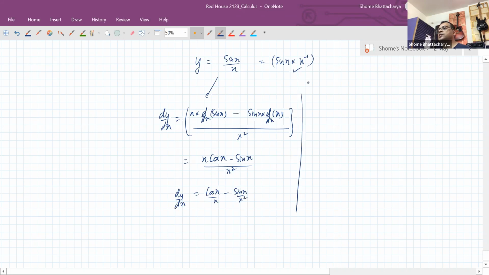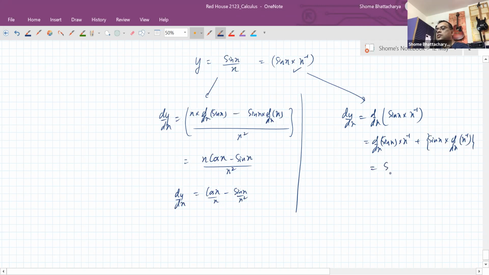Okay. Now we can also use the product rule here. So you can see that it is differentiation of sin x into x to the power -1. So that is differentiation of first function into second function plus first function into differentiation of second function. And that will give us the same thing.